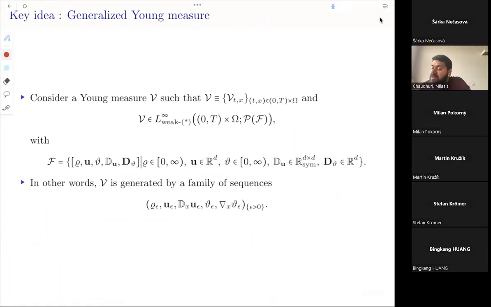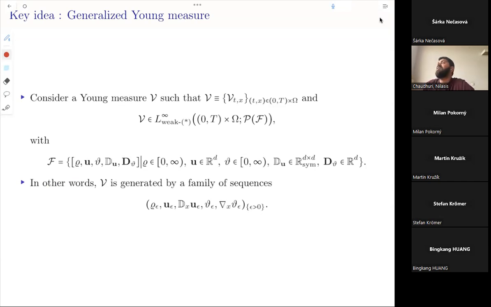Thank you. So what I want to say here, quickly, is what Březina, Feireisl, and Novotný have done, and then some minor generalization that I do in order to justify this. Their definition is a very general definition, I would say, and they consider something which is called a generalized Young measure.